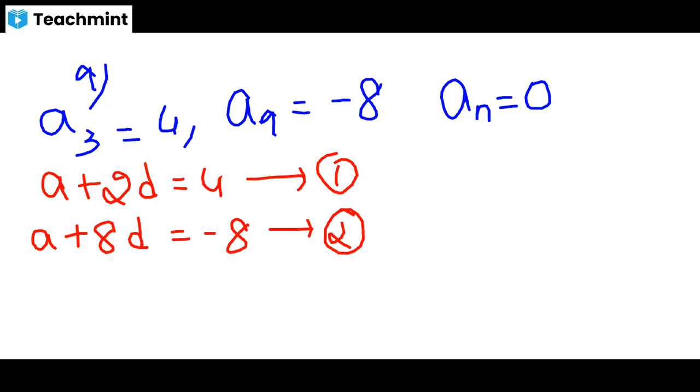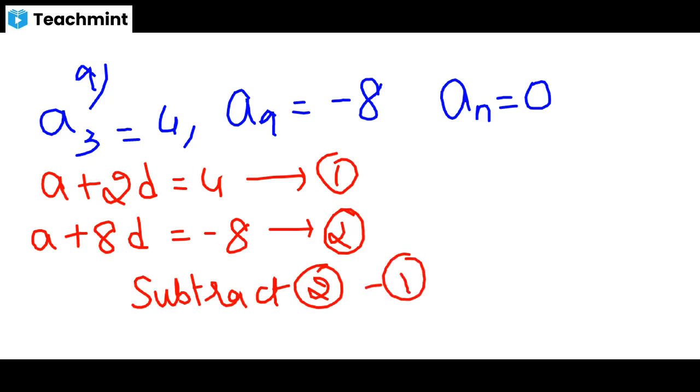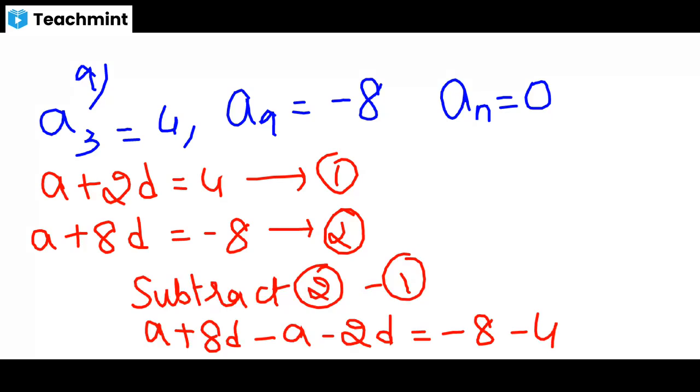What should I do next? Subtract 2 minus 1. If you subtract 2 minus 1, what do you get? A plus 8D minus A minus 2D is equal to minus 8 minus 4. Now what can you cancel?